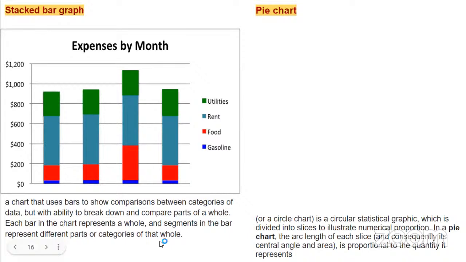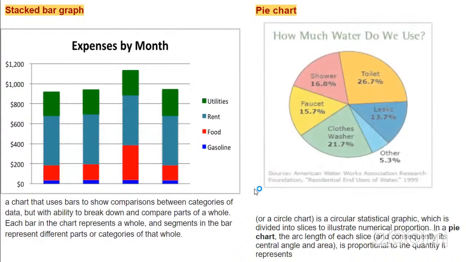It uses bars to show comparison of categories of data, but with the ability to break down and compare parts of a whole. A pie chart is a circular statistical graphic, divided into slices to illustrate numerical proportion, where the arc length of each slice, or the angle and the area, represents the quantity.